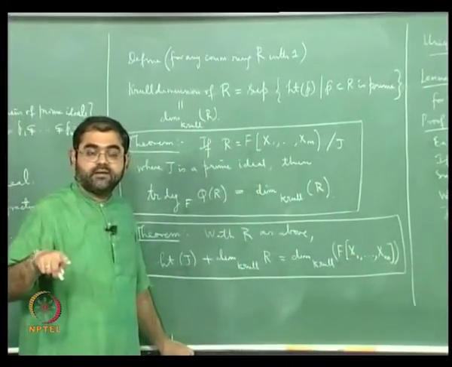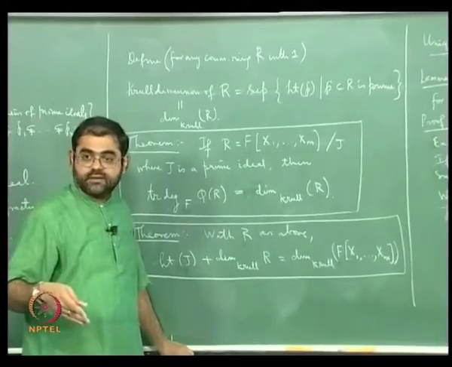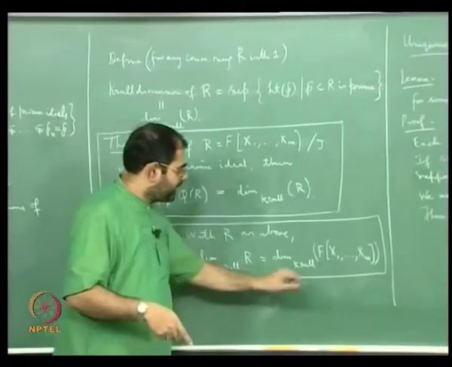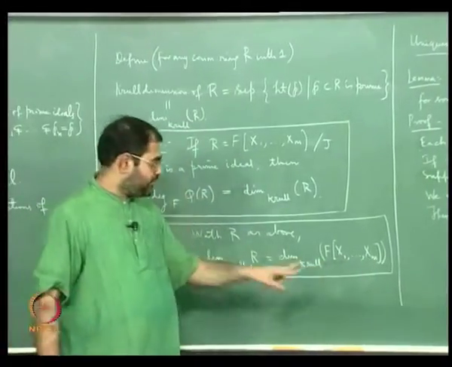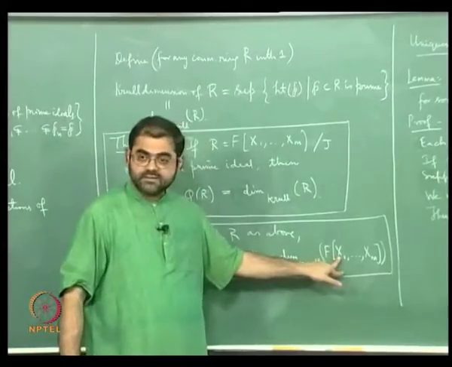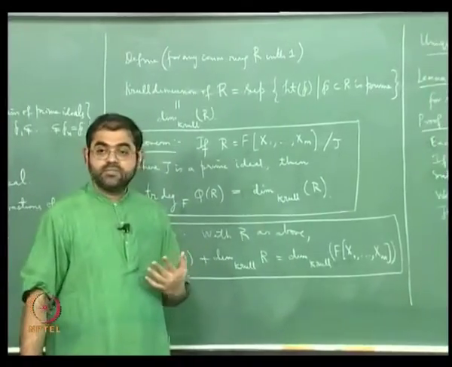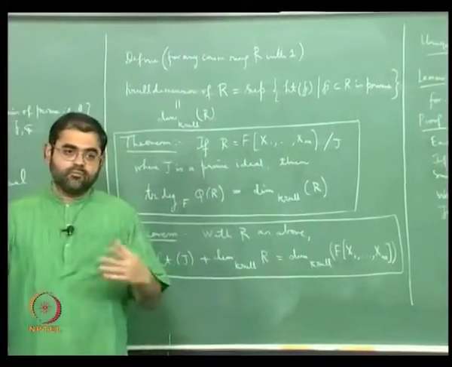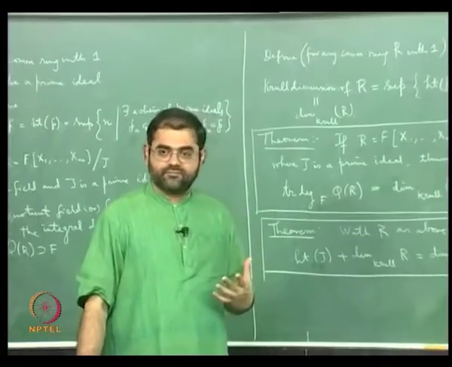This is the set of all quotients of polynomials in m variables, with of course the denominator being non-zero. And as you can easily see, if you take the quotient field of this, the number of algebraically independent variables will be m, it will be these x1 through xm, okay. You cannot have more than m algebraically independent elements over F, okay.